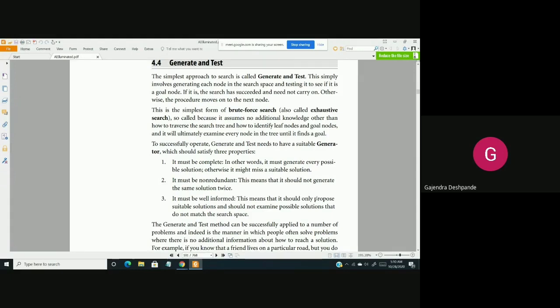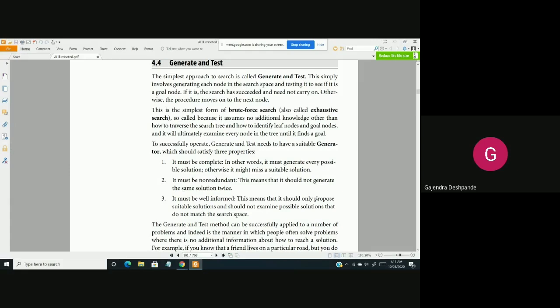For example, if I say that my random number generator should generate 10 random numbers from 1 to 10, it should generate all numbers from 1 to 10 randomly.